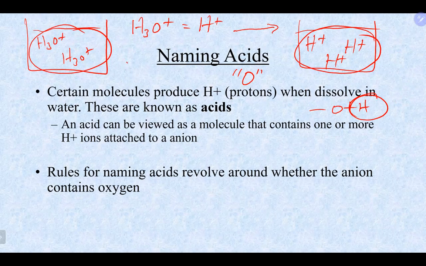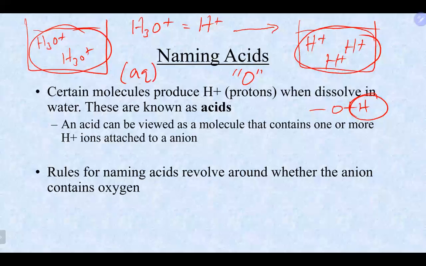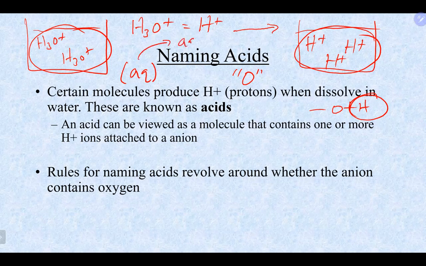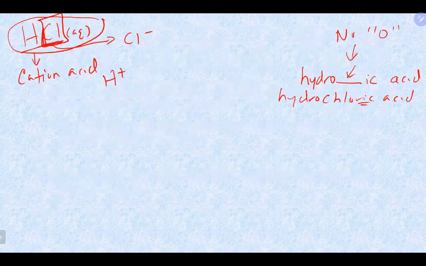Acids typically get the AQ symbol, which means aqueous. So we typically put AQ next to it. It basically means a water environment, a solution, and that those ions are floating around in that solution.